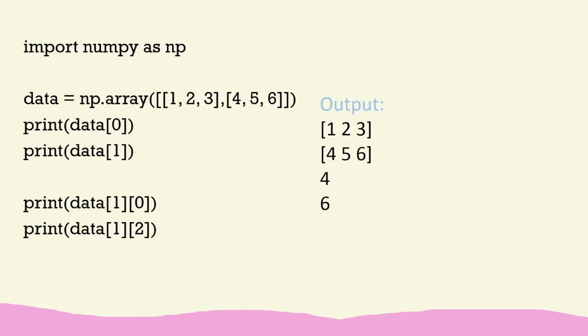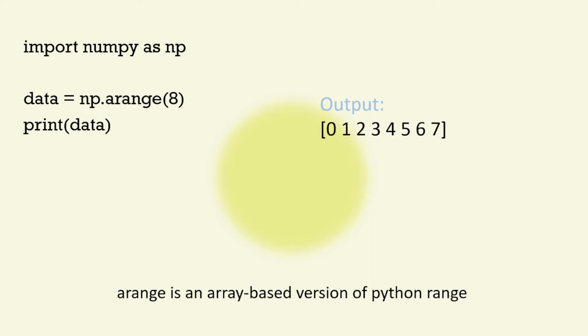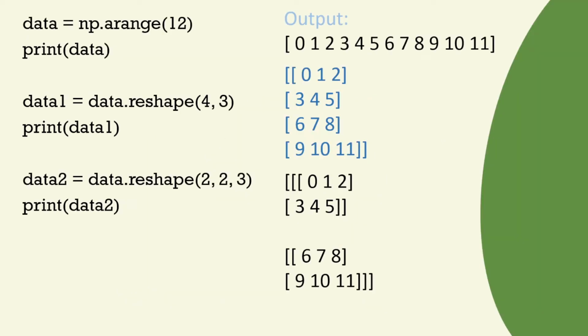So that's numpy arrays. We can create them full of zeros, for example, so just 4, or 2 by 5, so we can use the shape to create the numpy array with more than one dimension, or even ones. We can use arange, which is an array-based version of Python range, and we can also reshape.